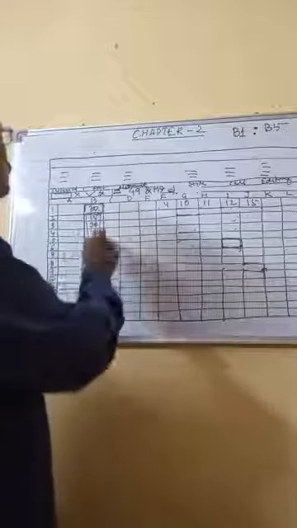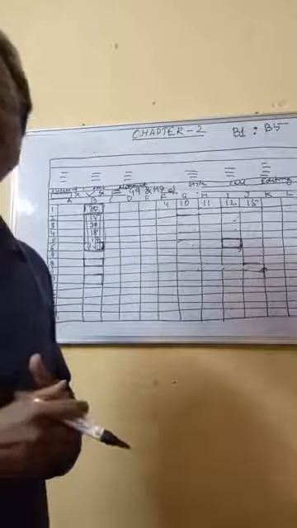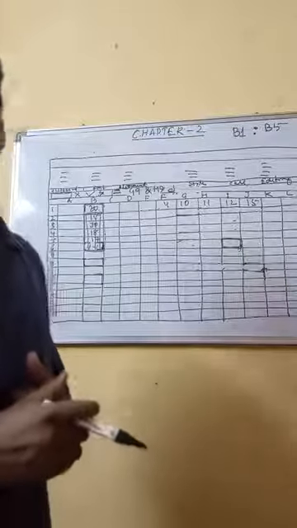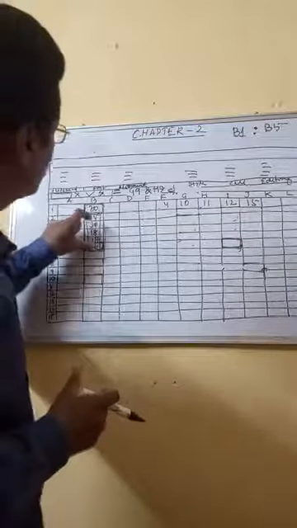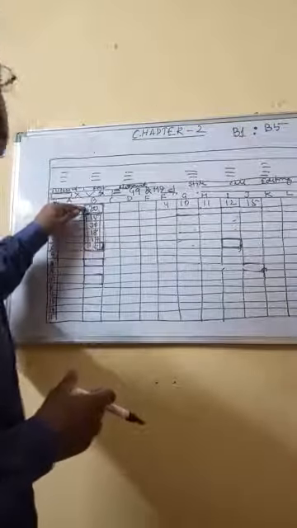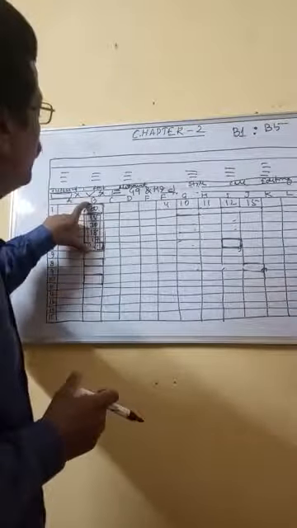The area color changes and it is selected. Now lift your finger from the left button. This is your last cell and this is your first cell, so the entire area is selected.